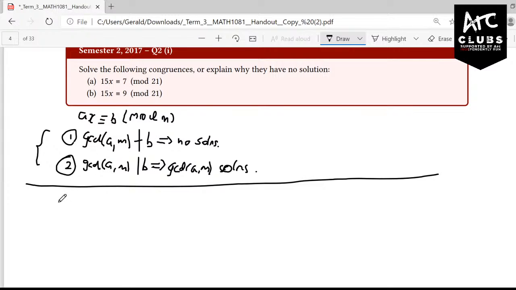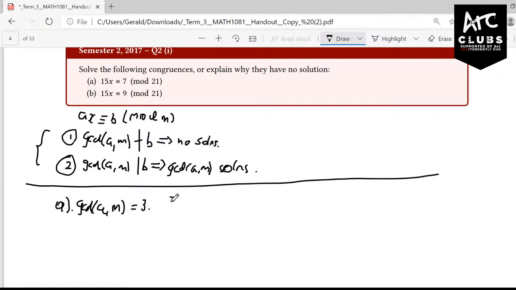Okay, so for part A, 15x is congruent to 7 mod 21. Well, the greatest common divisor between A and M: A in this case is 15, M in this case is 21. So the GCD of A and M must be equal to 3, right?